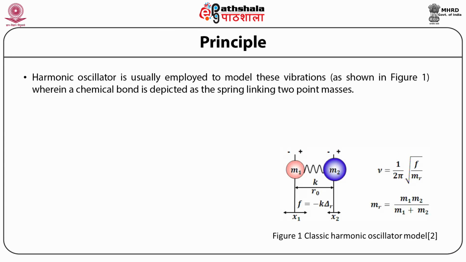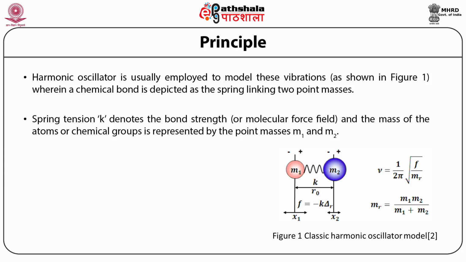Harmonic oscillator is usually employed to model these vibrations, as shown in figure 1, wherein a chemical bond is depicted as a spring linking two point masses. Spring tension K denotes the bond strength or molecular force field, and the mass of the atoms or chemical groups is represented by the point masses m1 and m2.